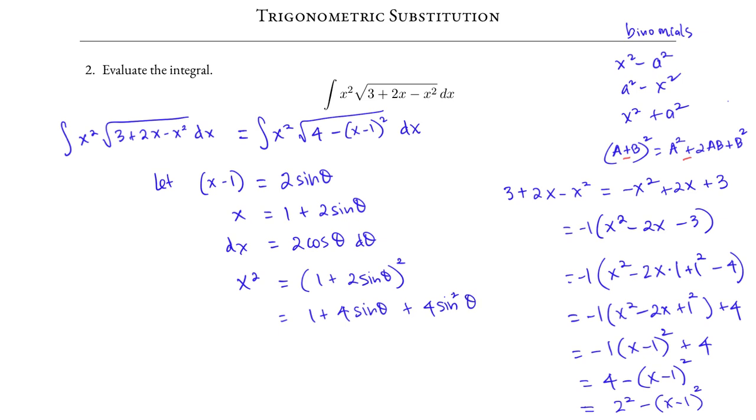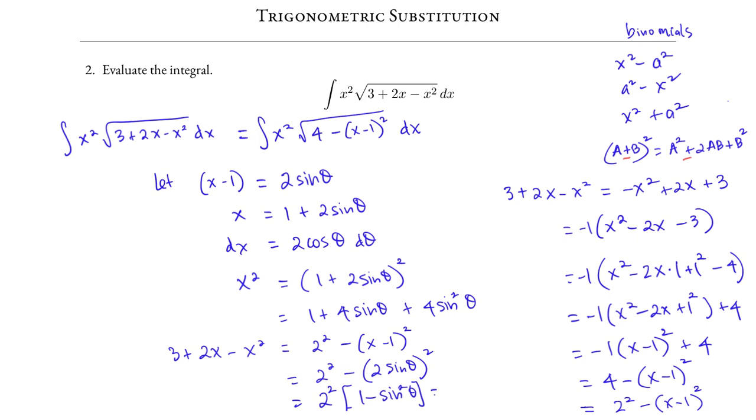We still need a substitution for 3 plus 2x minus x squared, but this is 2 squared minus x minus 1 squared, which is 2 squared minus 2 sine theta squared. Factoring out the 2 squared, we have 1 minus sine squared theta, but 1 minus sine squared theta is cosine squared theta.